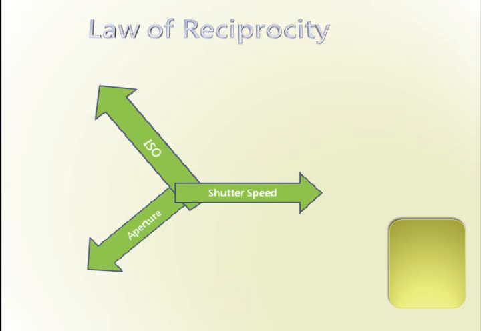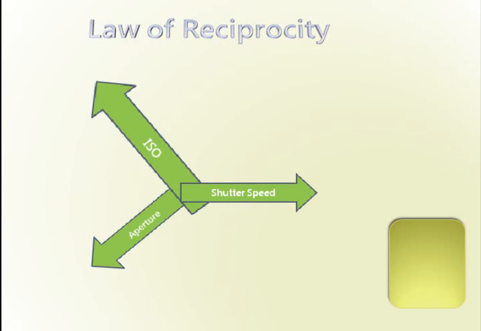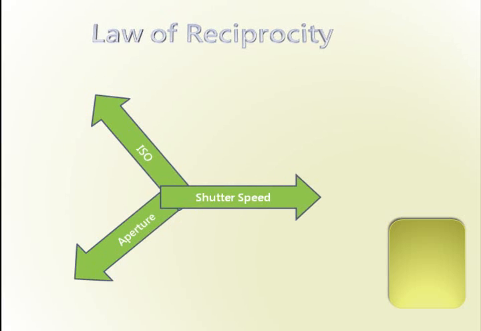And if you make the ISO a larger figure, then what's going to happen to the shutter speed and the aperture? They're going to have to be adjusted down, because you can only get so much light in to get that good exposure.